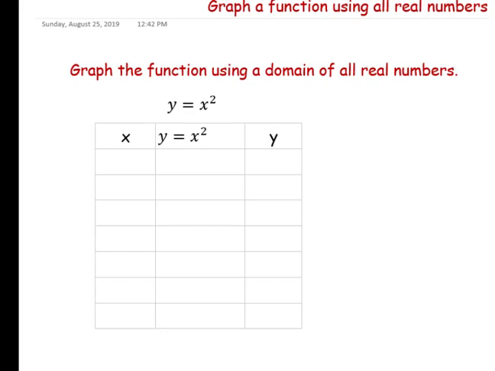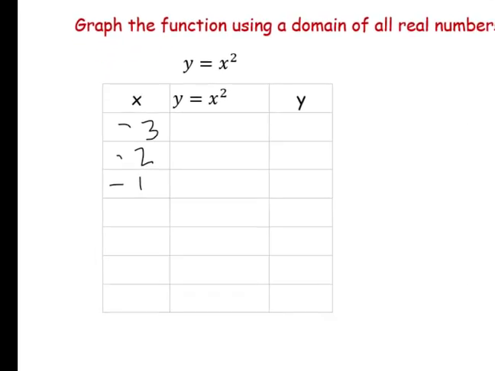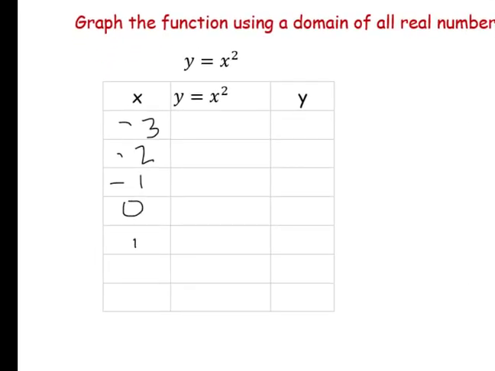Let's go ahead and plug in. Starting so we get a good view of what the graph looks like, let's use negative 3, negative 2, negative 1, 0, 1, 2, and 3. That's going to give me a good view of what the graph looks like. This is my domain, my x values, so I'm going to plug them in anywhere I see an x.